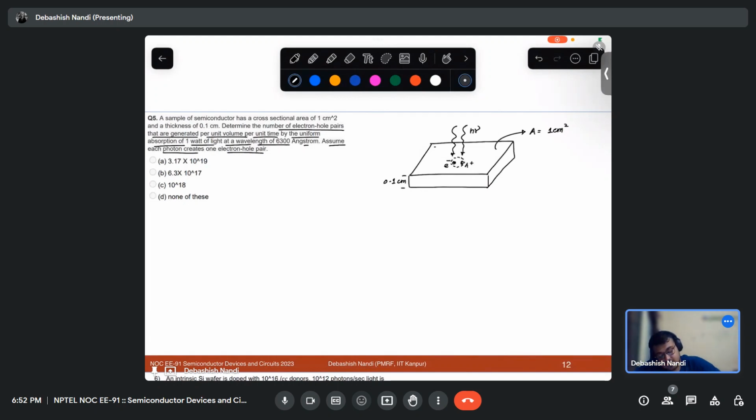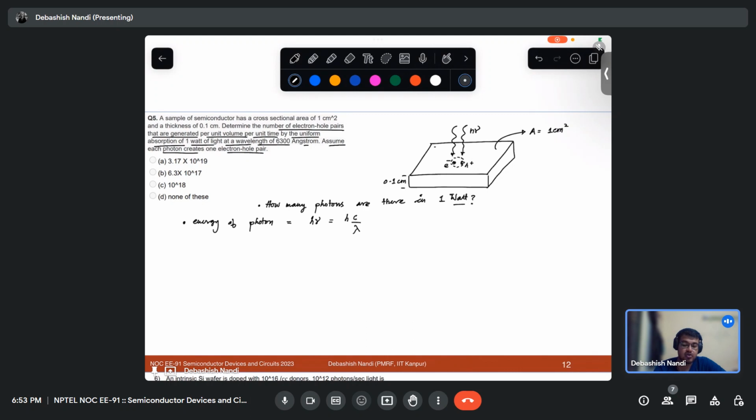So first we need to find out how many photons are there in 1 watt. Okay. How do we do that? What is the energy of a photon? 1 unit of photon? Anyone? Energy of photon equal to h nu, right? What is nu? c by lambda, right?